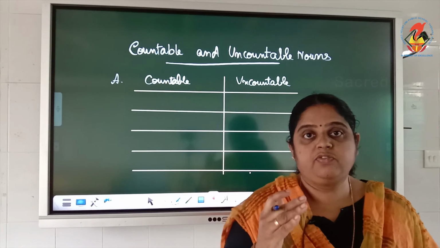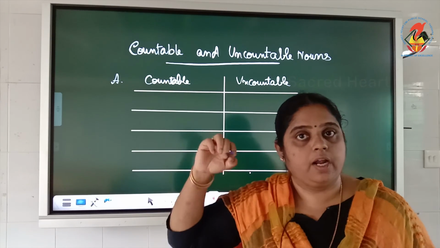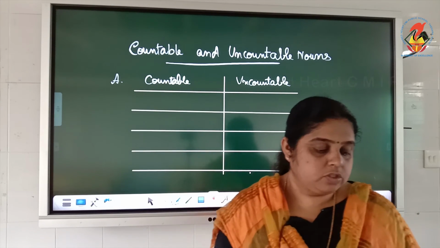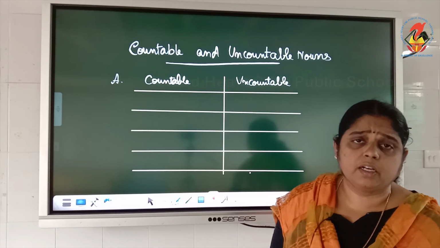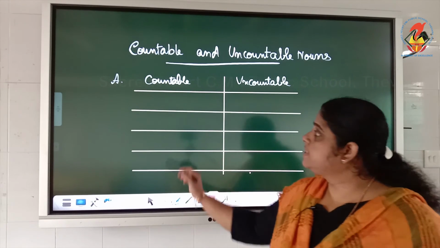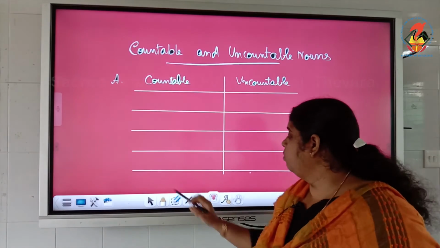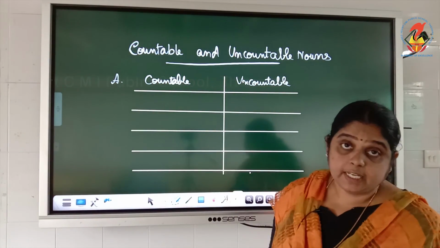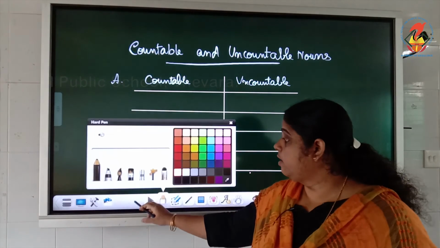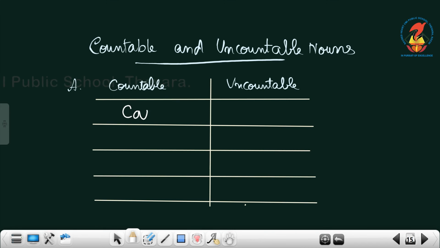You have to classify them as countables or uncountables. The first one, car. Is it countable or uncountable? Yes, it's countable. You can count the cars. So, you can write car is a countable noun.